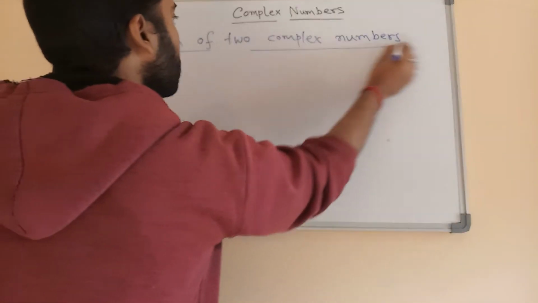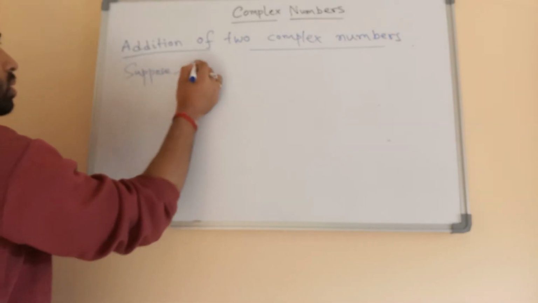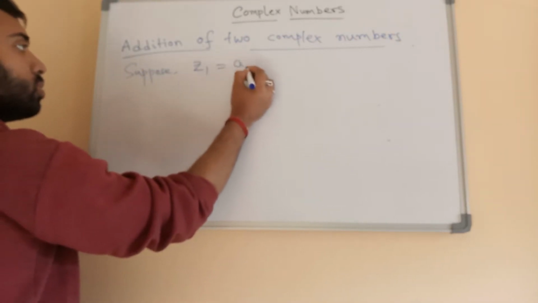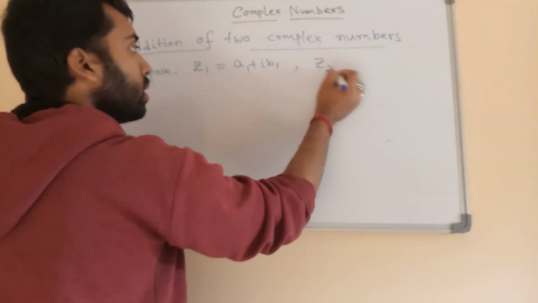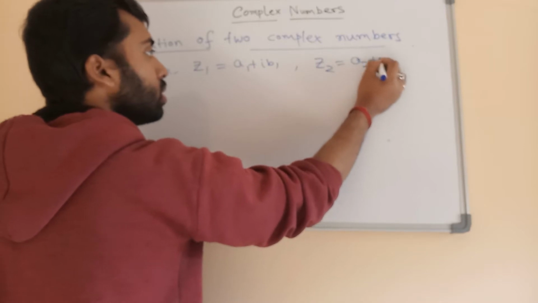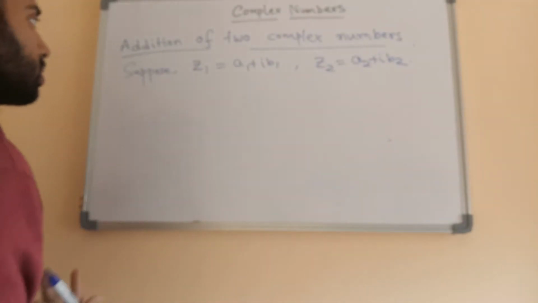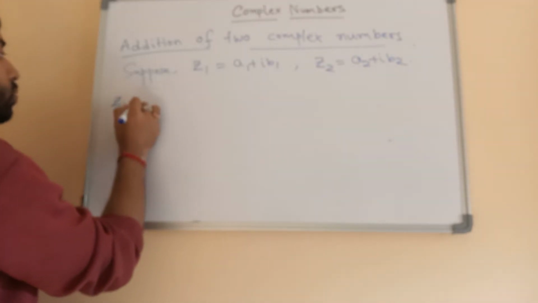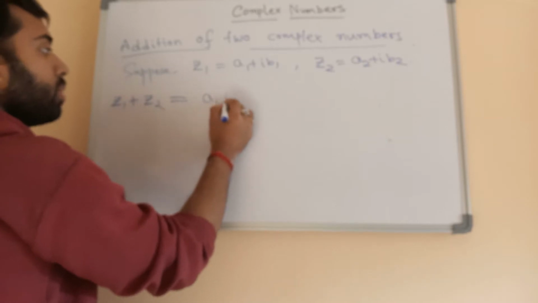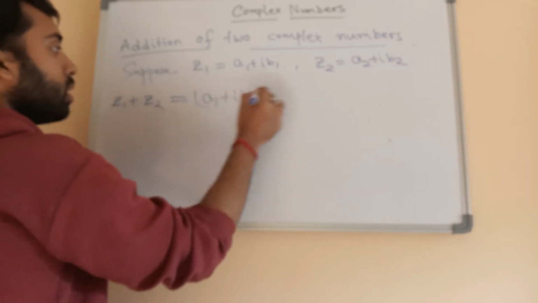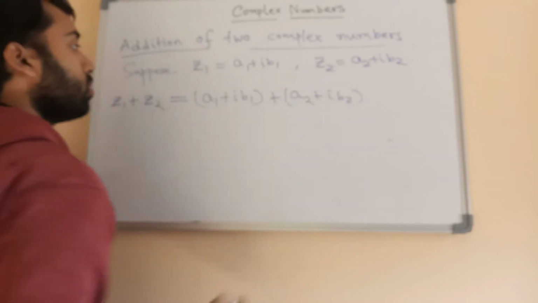Suppose z1 equals a1 plus ib1, z2 equals a2 plus ib2. These are the two complex numbers. We have to find z1 plus z2. So that means a1 plus ib1 plus a2 plus ib2.